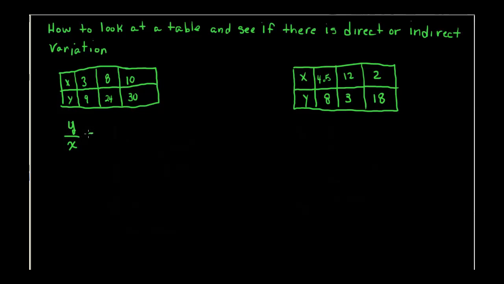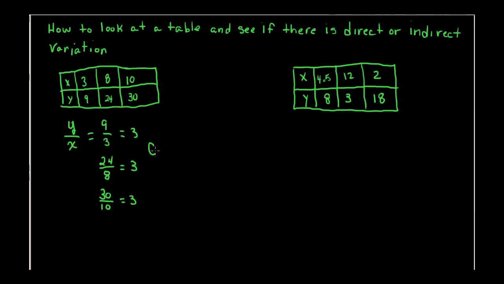The first ordered pair will be 9 over 3, which is 3. The next ordered pair is 24 over 8, which is 3. And the third one is 30 over 10, which is 3.